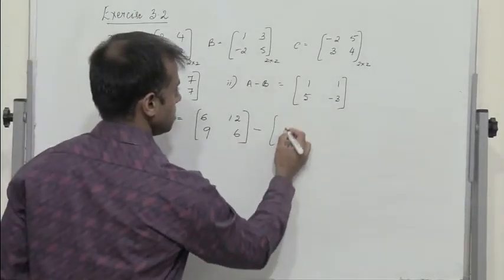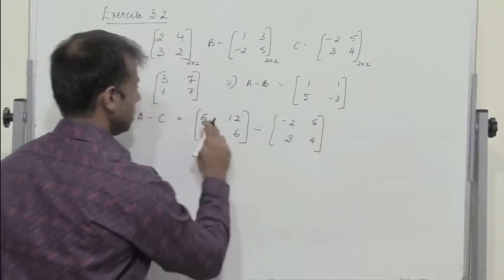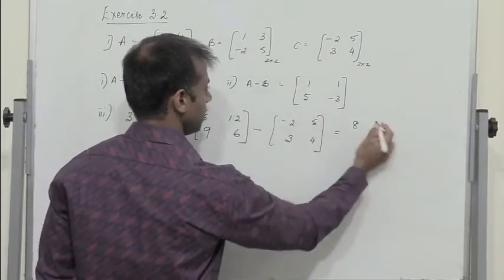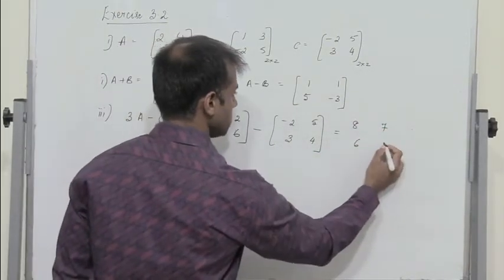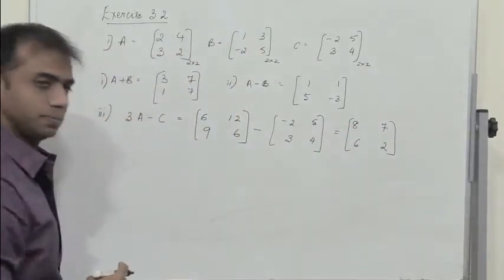Minus C is minus 2, 5, 3 and 4. So 6 minus of minus 2 is 8, 12 minus 5 is 7, 9 minus 3 is 6 and 6 minus 4 is 2. So we get 8, 7, 6, 2.